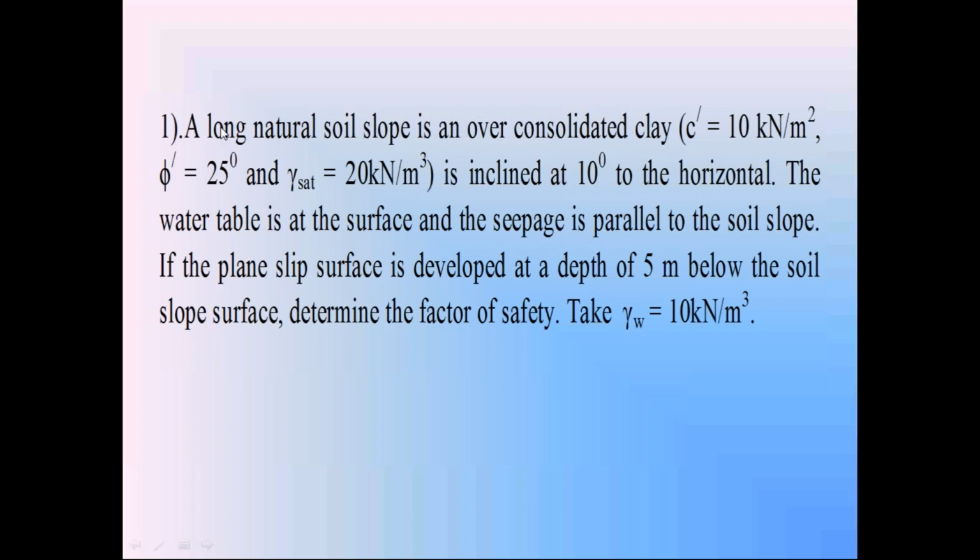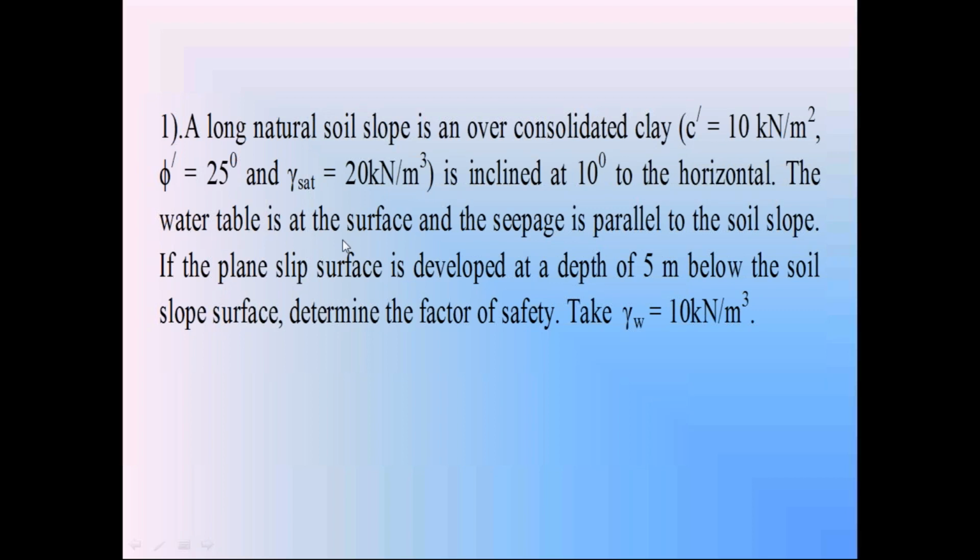This sentence indicates the soil slope is an infinite slope and the soil is cohesive soil. They give the cohesion c value, the phi value, and the gamma saturation. Then the soil slope makes an angle of 10 degrees with horizontal. This is the angle made by the soil slope with horizontal. Then the soil slope is in seepage flow condition.